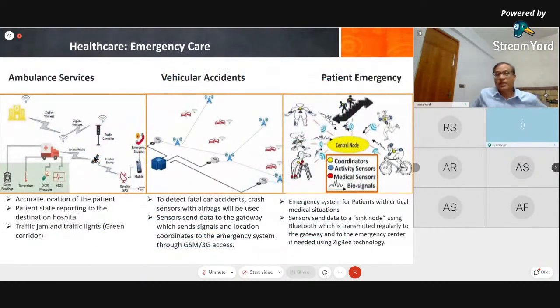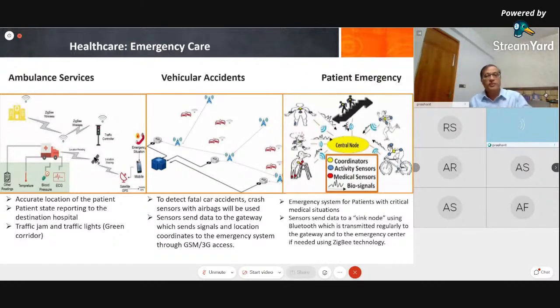Similarly, if you talk about emergency care, there are many kinds of emergency care that we need in the healthcare system. For instance, you need ambulance services. Right? There's an ambulance, and it has picked up a patient, but it got stopped in a traffic jam, for instance. So, with the help of Industry 4.0 concepts, how we can solve this problem is that the ambulance, once contacted, would have the accurate position location of the patient, right?